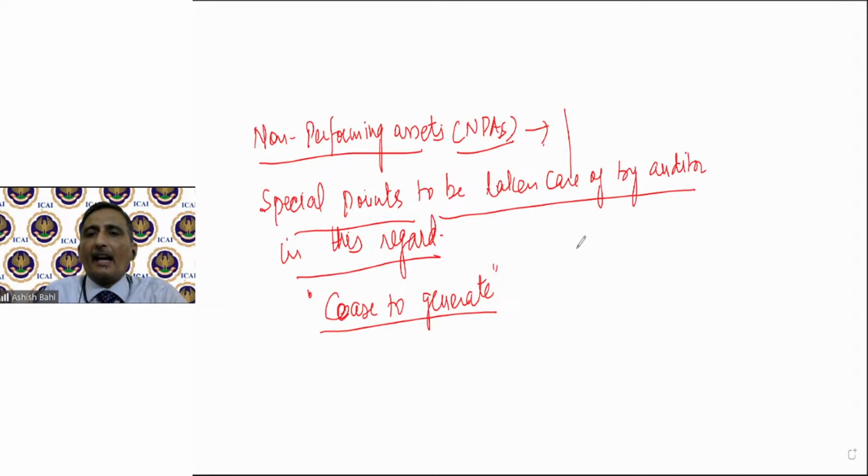So as per RBI guidelines, there are asset classification norms. So you have to make a distinction between these three terms: asset classification, income recognition norms, and provisioning norms.